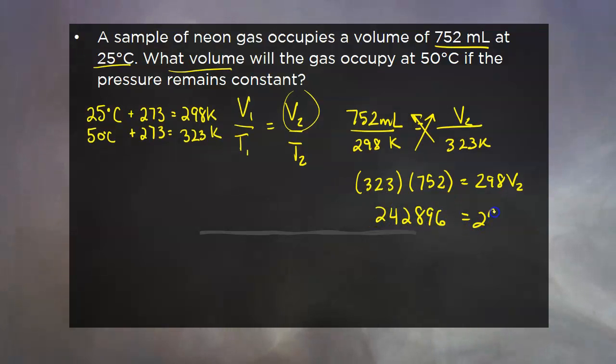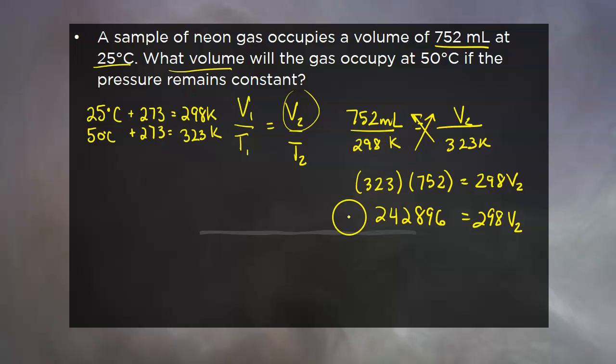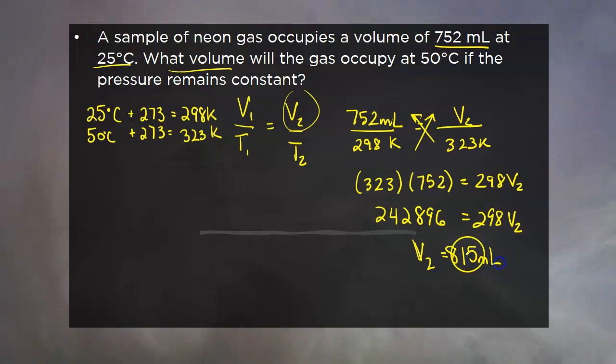But we're going to divide it by a relatively big number in 298. And that gives me V2 equals 815 milliliters when I divide both sides by 298. So that's how we do one with Charles' law.